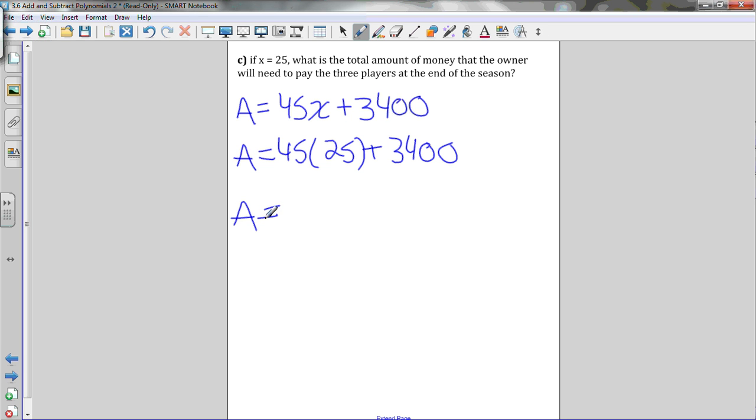Now when I evaluate this, I need to make sure I do the correct order of operations. So I need to do the multiplication first. So I need to do the 45 times 25, which will give me 1,125. And then I want to add the 3,400. So when I add the 3,400, I'm then going to be at a total of 4,525.